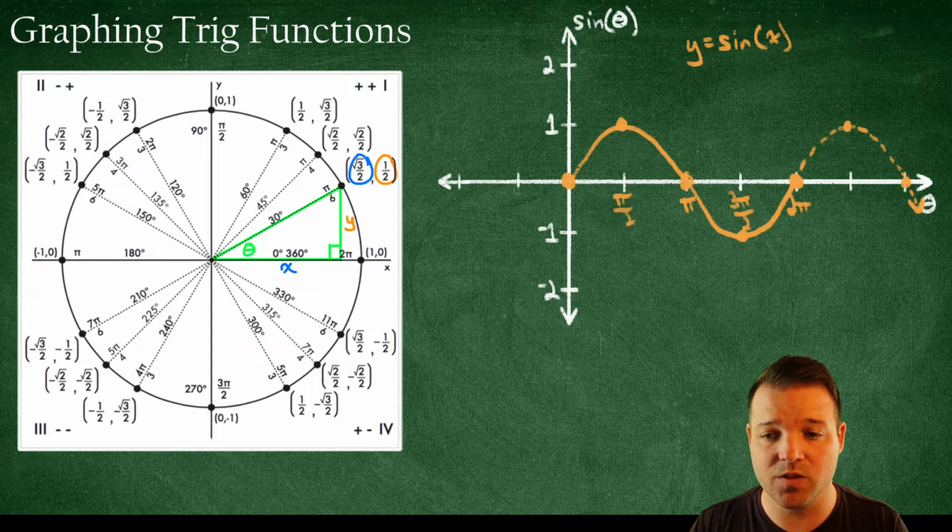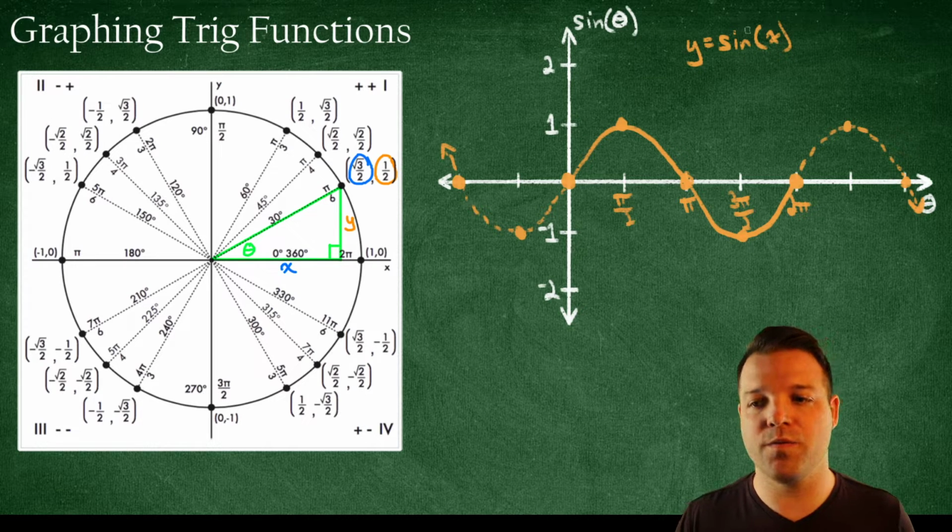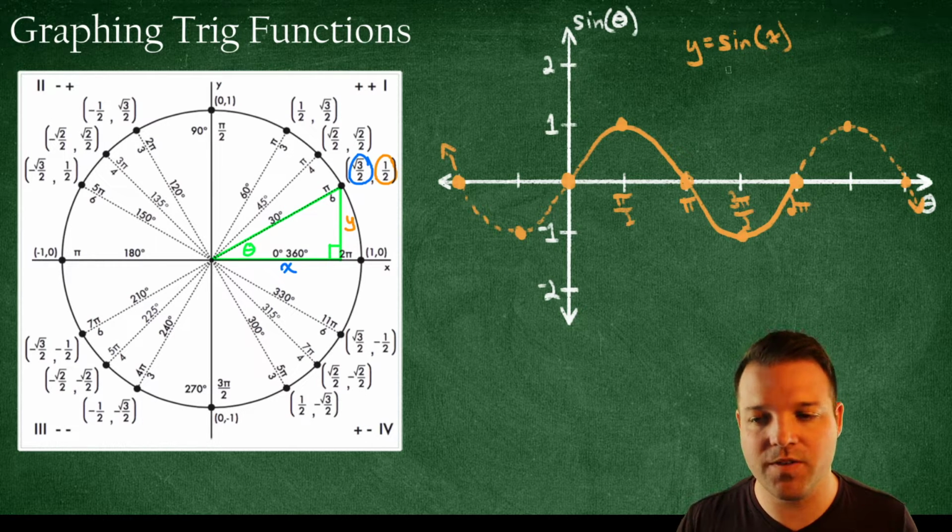And it also goes on forever in this direction as well. This would be negative pi over 2 and back to 0 at negative pi. And we will connect these guys as well. Okay, and there we go. There's the graph of the parent function for the sine of x.